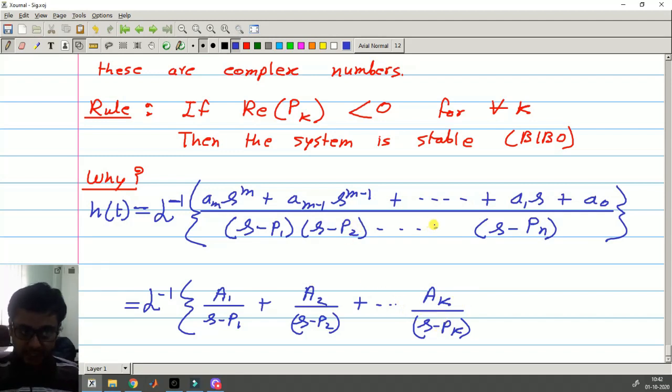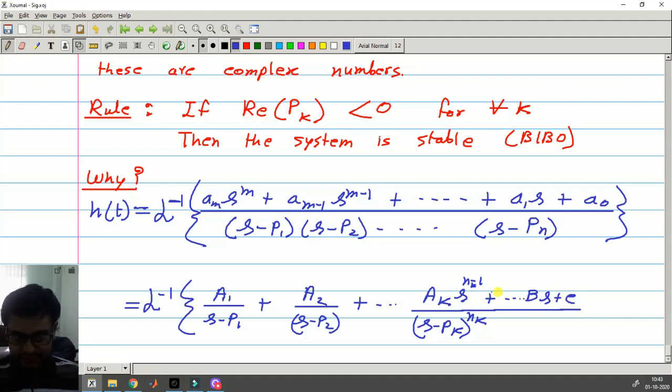If any root is repeated, suppose pk comes 2 times, or 3 times, or in general say nk times, then for that we will get a term like this, ak to the power nk minus 1, plus dot dot dot, then finally something like bs plus c.